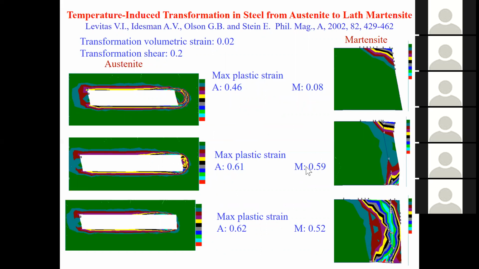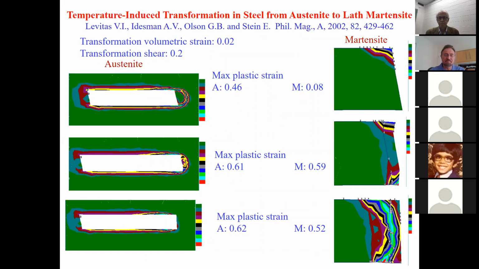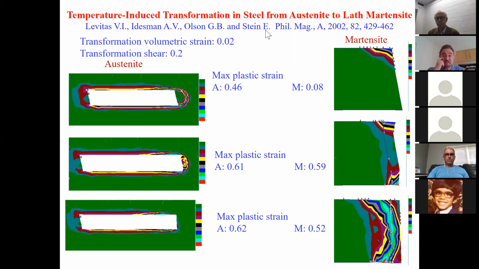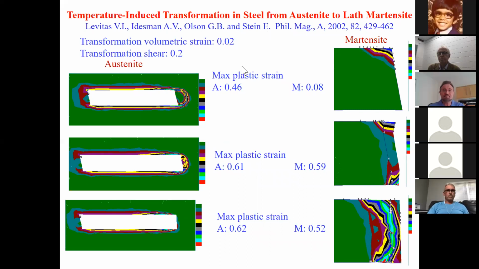No, this is steel. This is alloyed steel. Do you remember what carbon content? No, I don't. There are several elements, and I don't remember because it was almost 20 years ago. But it's in this paper. All right. Okay. Thank you.